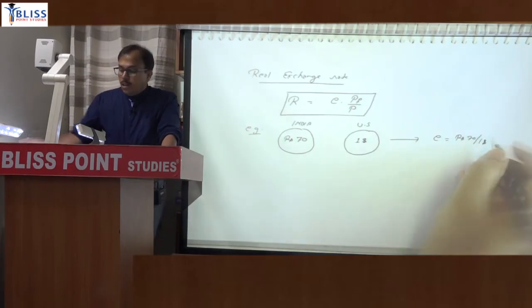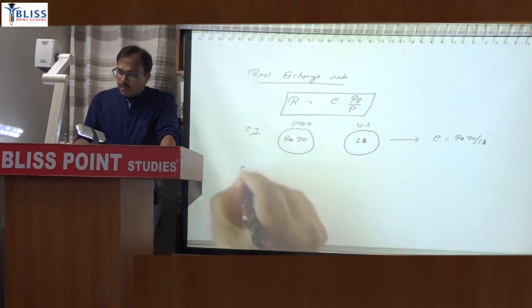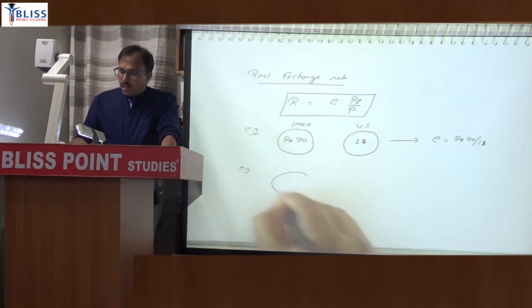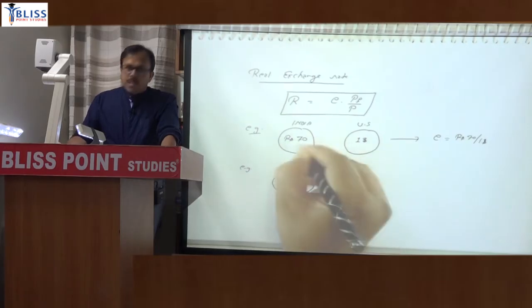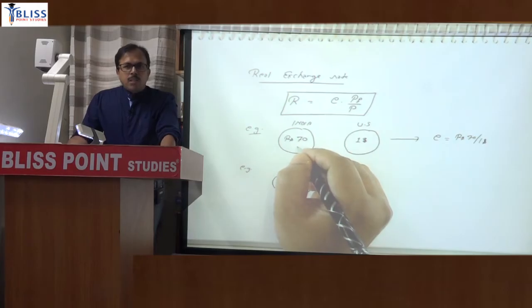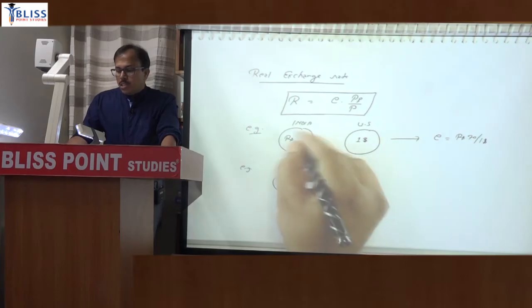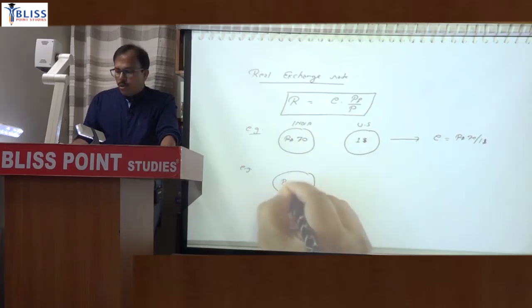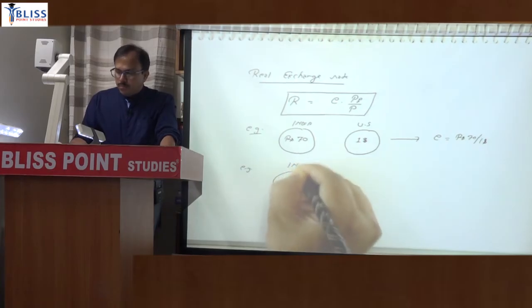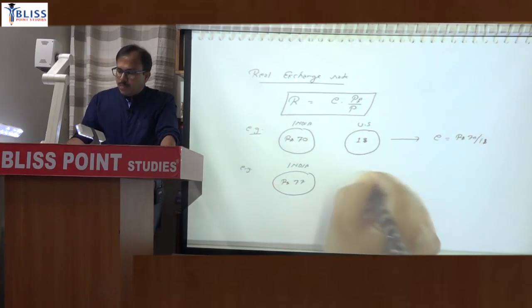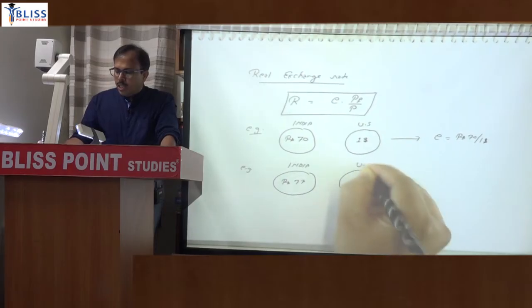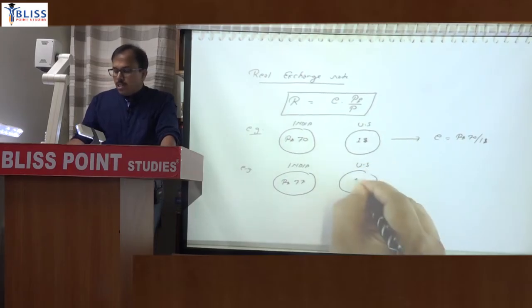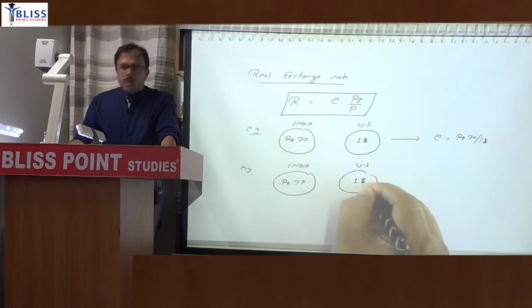Clear? Now if we take another case, consider the same basket, but now consider that in India there is a 10% inflation. So if there is a 10% inflation, it means the same basket will now cost 77 rupees in India. For the sake of simplicity, consider that there is no inflation in US, which means you can still buy the same basket for $1.